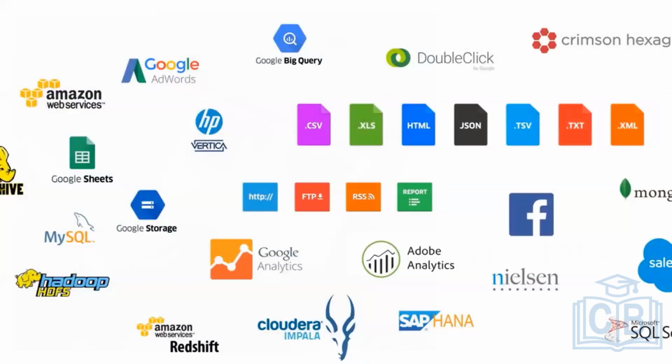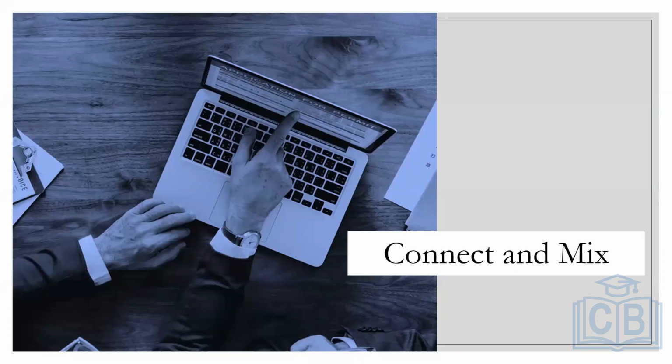We are here. Connect and mix is the first tab that we are talking about. Connect and mix helps you connect your data, and all the questions that we have taken start from connect and mix, right?